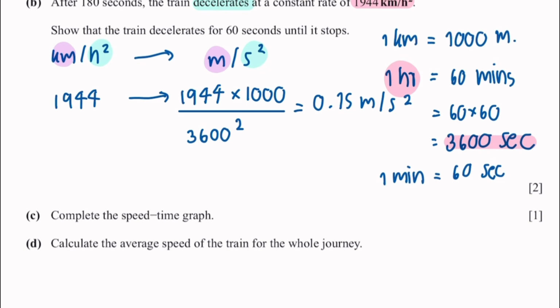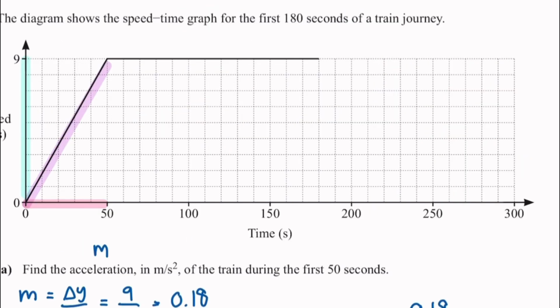And next, because I want this question to be easy, I am going to complete the speed time graph first before I continue to solve this equation. So the train decelerates for 60 seconds until it stops.